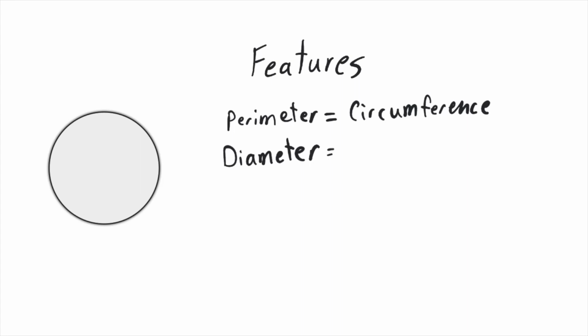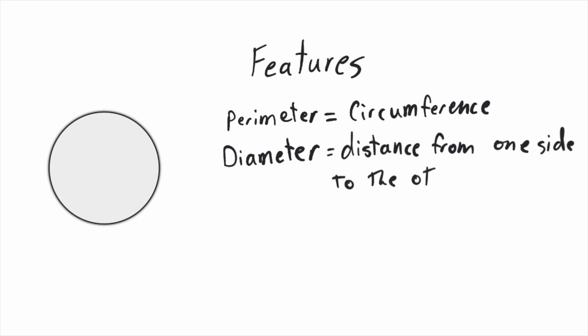Now, the diameter is the distance from one side of our circle to the other side, but it's very important that this has to go through, let's go back, through the middle.